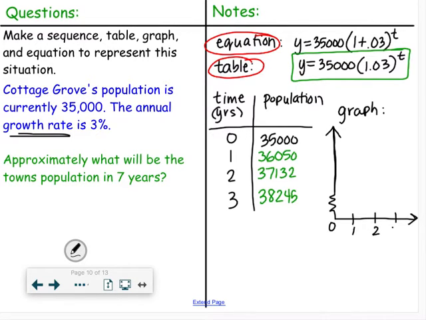I still have 0, 1, 2, and 3 for my time, and I'm just going to go with 35, 36, 37, 38. And label, you always need labels, so this is time in years, and this is population in thousands.